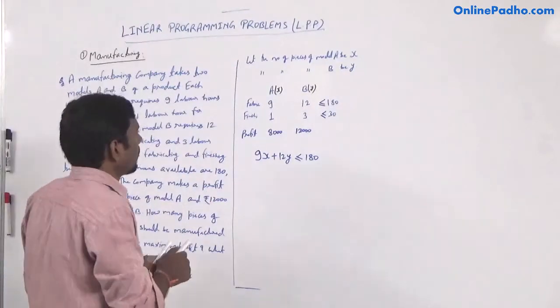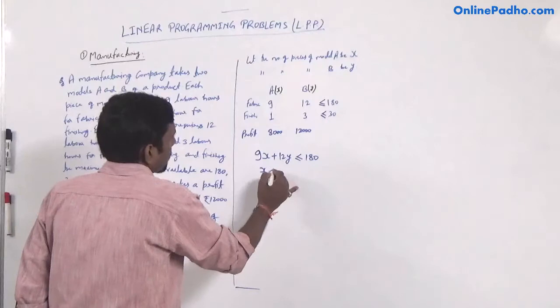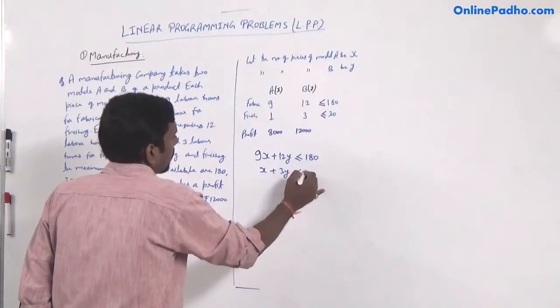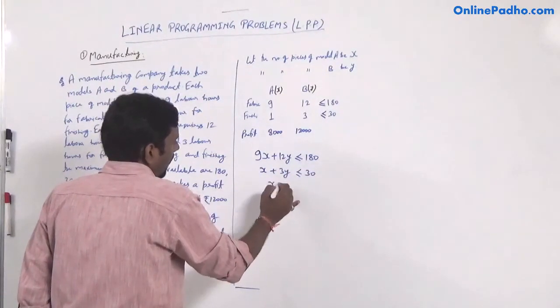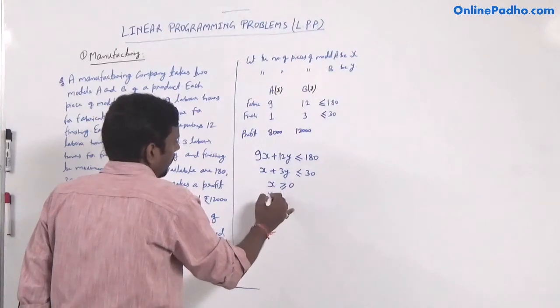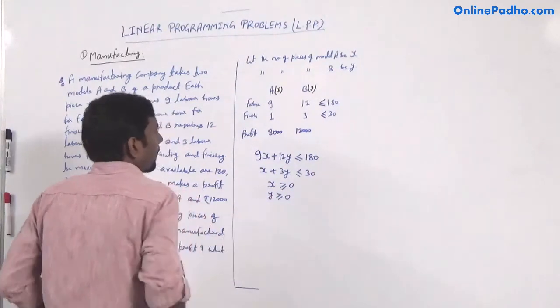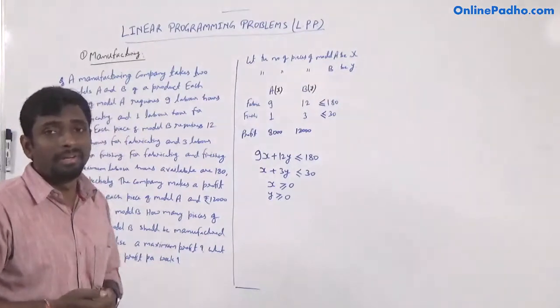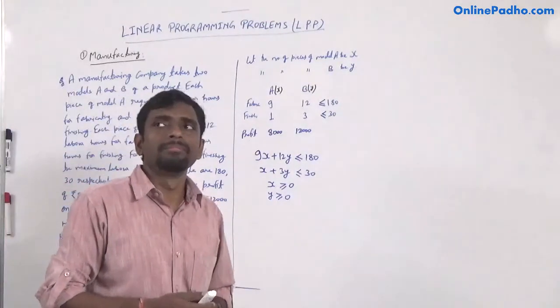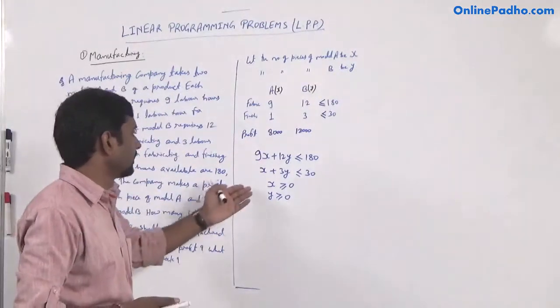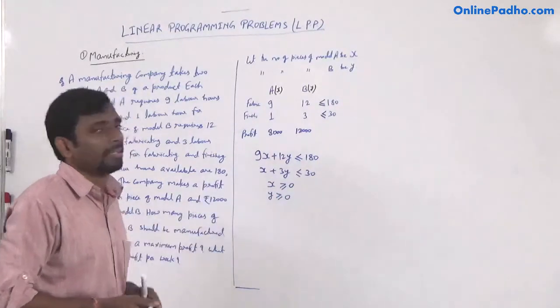Now the second inequality will be x plus 3y less than or equal to 30, and we can also say x is greater than or equal to 0 and y is greater than or equal to 0. Why? Because x and y are quantities that cannot be negative.